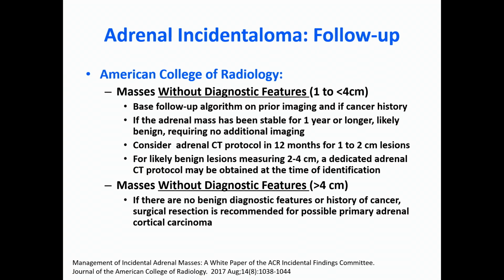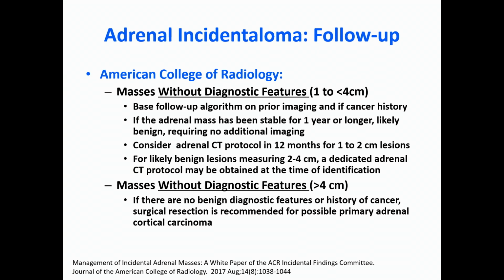So for lesions between 1 to 4 centimeters in size, they want to base the follow-up algorithm on prior imaging studies the patient might have had and whether there's a cancer history. So for example, if the lesion has been stable for a year, it's likely benign and additional imaging is not needed. They would consider an adrenal CT protocol in a year for 1 to 2 centimeter lesions.